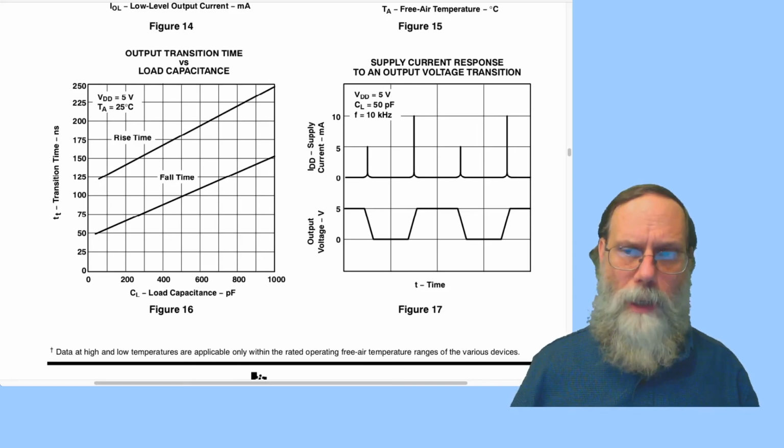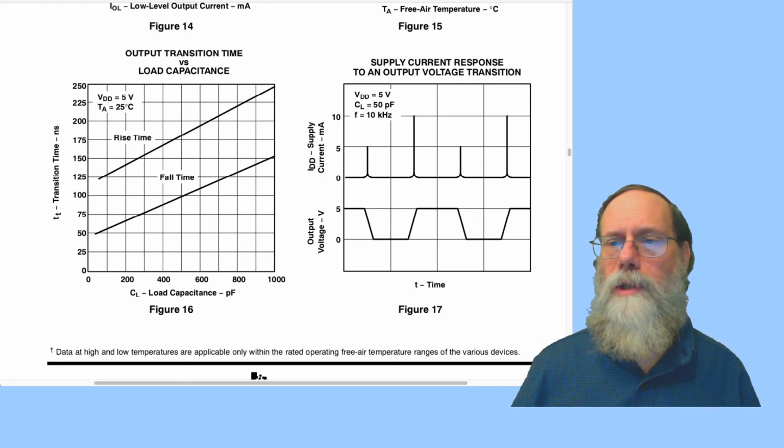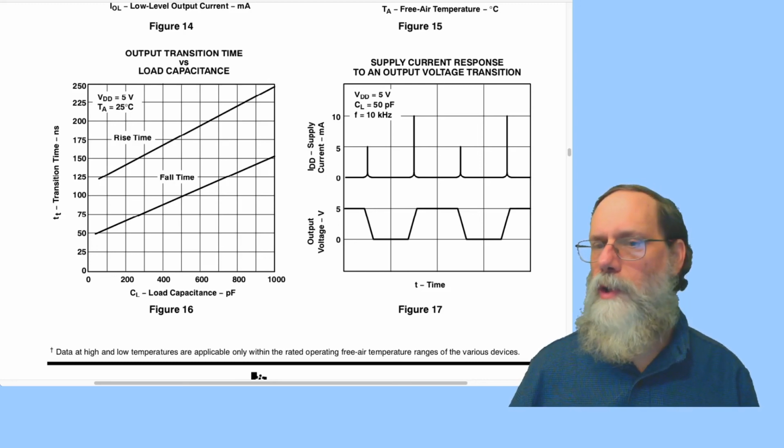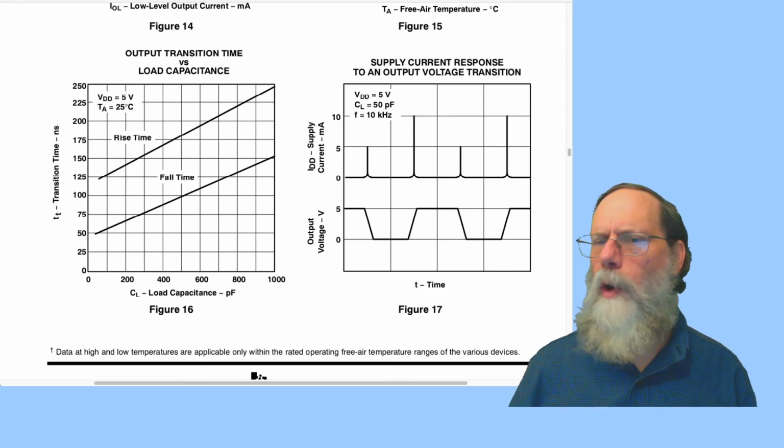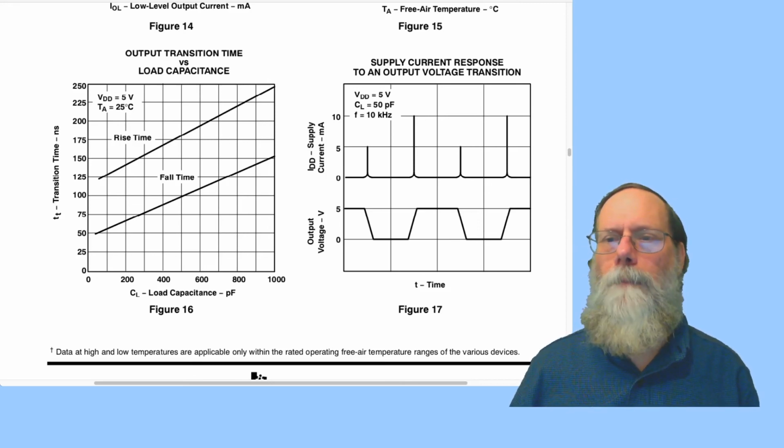There is another type of comparator which does not have rail-to-rail characteristics. It's just got the transistor down to the lower voltage, so the NFET but not the PFET. This is known as an open drain comparator. Sometimes you have open collector if it's a bipolar transistor instead of a field effect transistor, but the idea is the same.